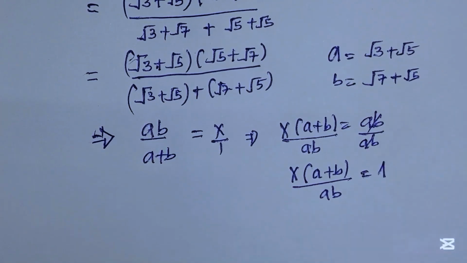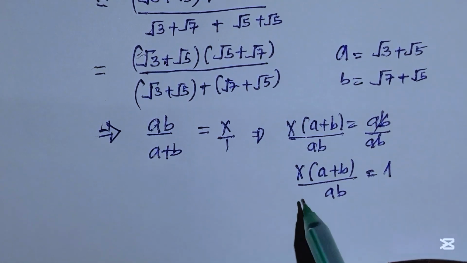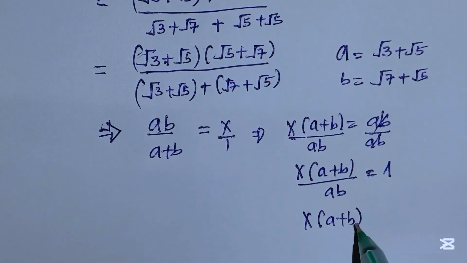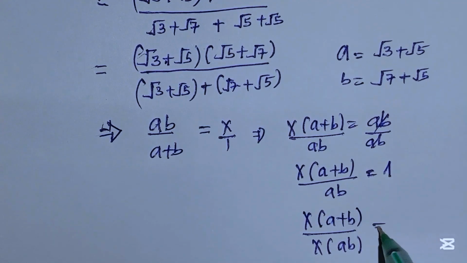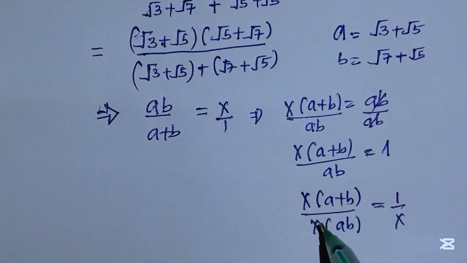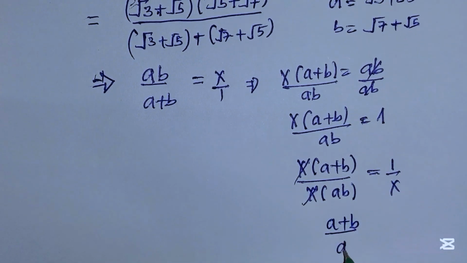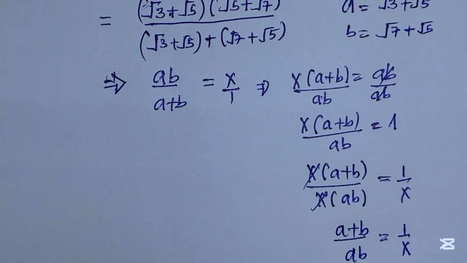Here we have 1, but here we can just divide by X again, then X times A plus B over X times AB will be equal to 1 over X, because we divide by X on both sides, so that this one is cancelled to get A plus B over AB equals 1 over X.